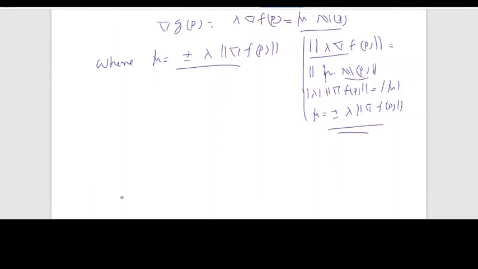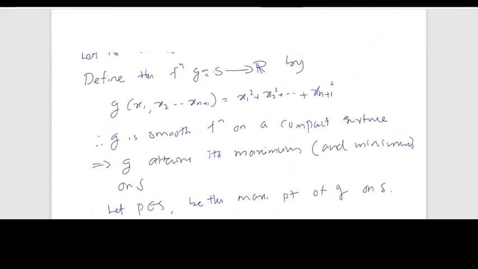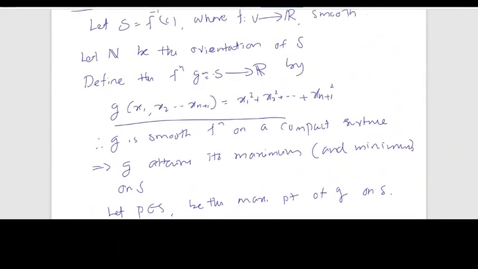Also, del g of x1, etc., x(n+1): we have g of x1, x2, etc., x(n+1) equal to x1 squared plus etc. plus x(n+1) squared.